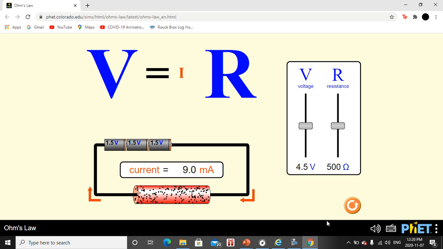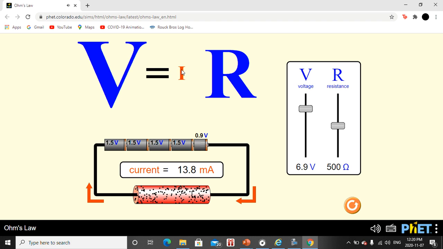So what is the relationship? Well, what happens if we, first of all, increase the voltage? So if I add more batteries in series, that's going to increase the voltage. So if I bump this up, add another battery, take a look at what's happening with the size of the symbols. The V is obviously going up, but take a look at the I as well.